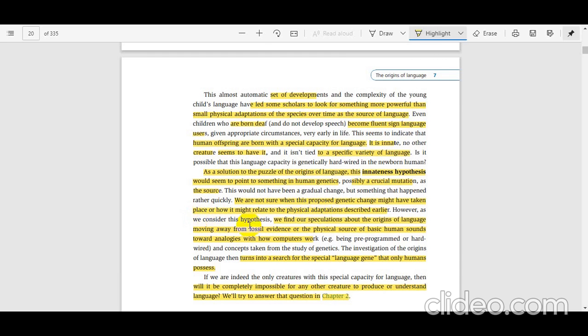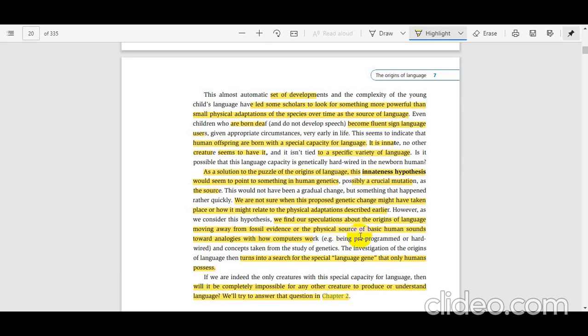However, as we consider this hypothesis, we find our speculations about the origins of a human language moving away from fossil evidence or the physical source of basic human sounds towards what? The analogies with how computers work. This is connected exactly with the early prediction of computers, and how computers behave in terms of programming.